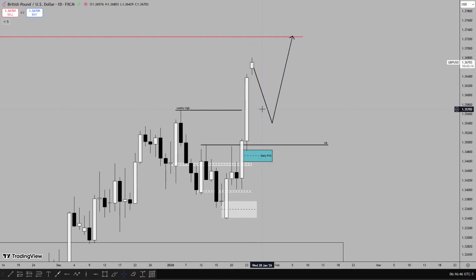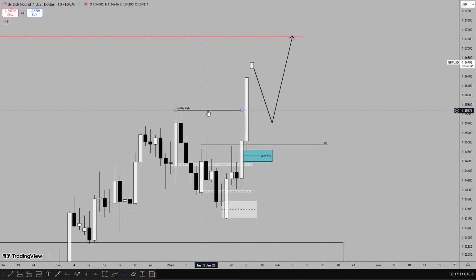Now, when it comes to the JPY pair, it's only when the JPY is strong and the dollar is weak. Those are the times that the JPY will be fully aligned with the idea. But if the JPY is weak and the dollar index is weak, in most times price will only trade higher, meaning that the JPY pair is losing value compared to the dollar more faster.